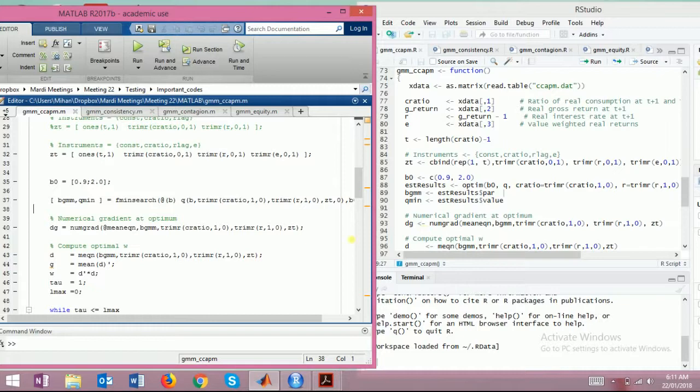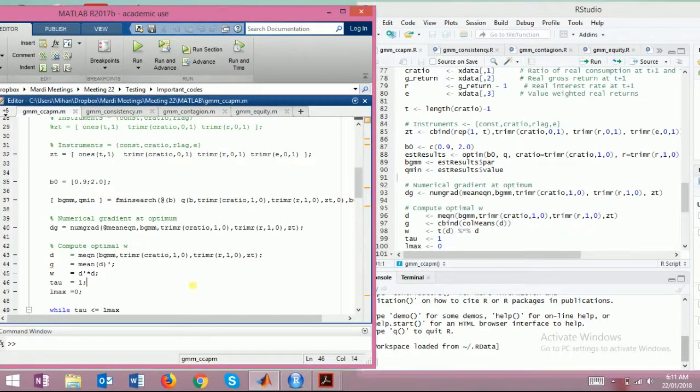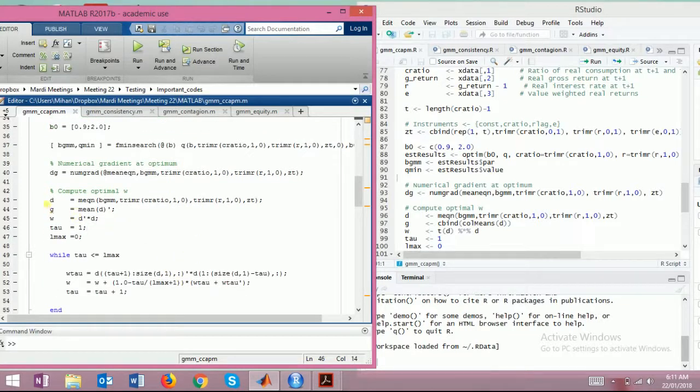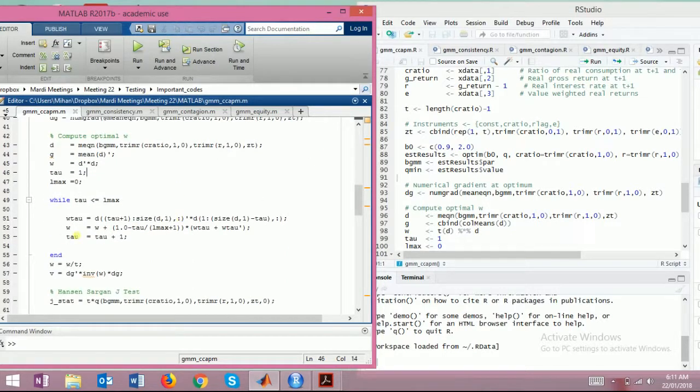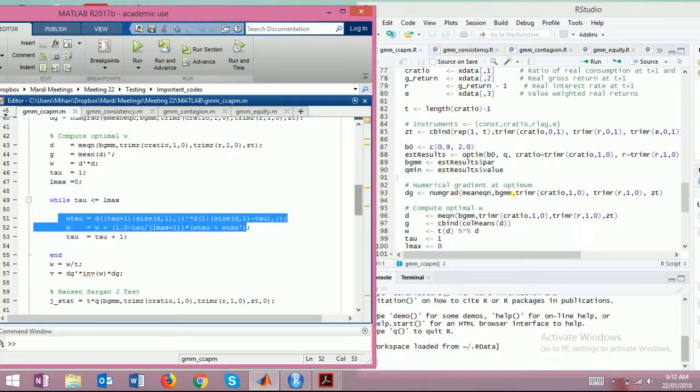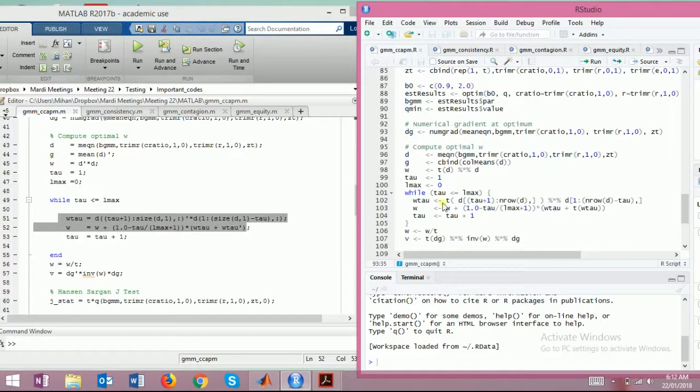We store our results, and then we do the gradient, and then we find optimal tau, running the function. Again the loop comes in that we just discussed, and it'll go on until convergence as long as tau is less than L max. These two functions will continue.